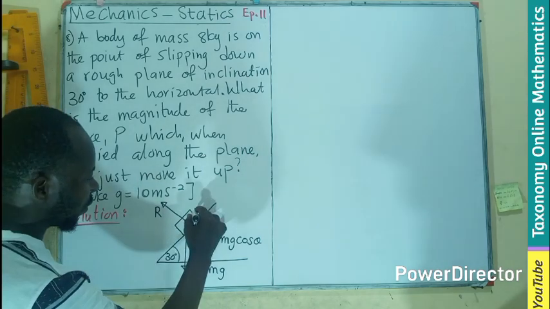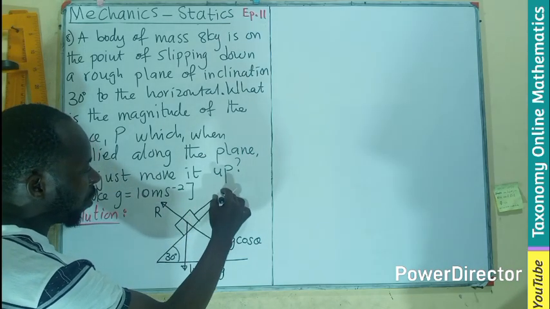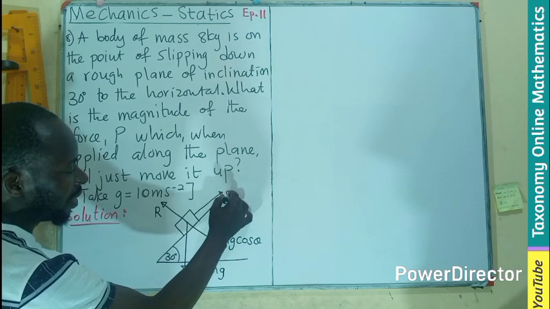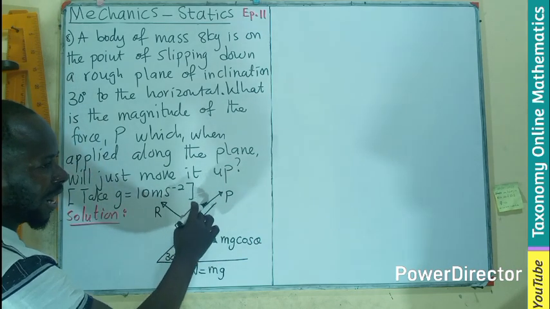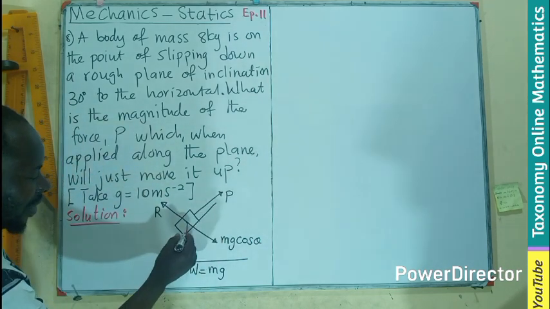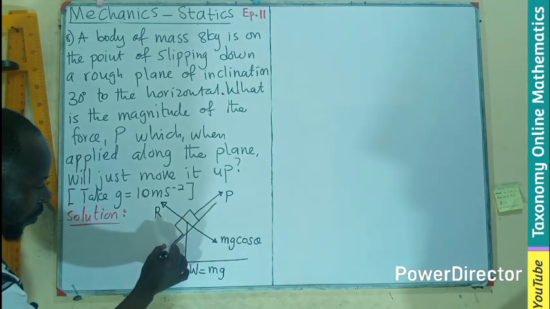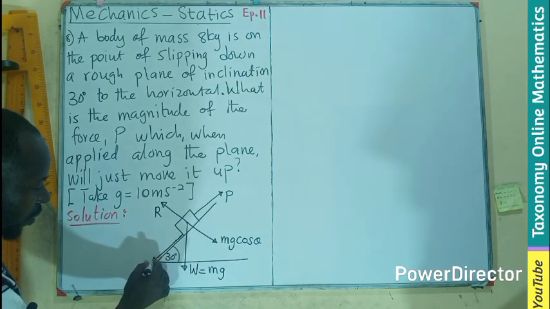Now, when a force is applied along the plane to move this body up, that force is P. That force, when applied, will face resistance, and that resistance force is what we call friction.